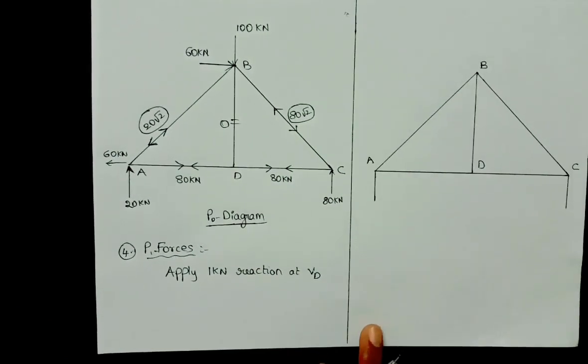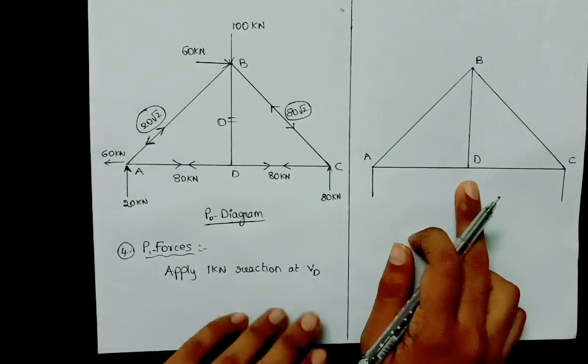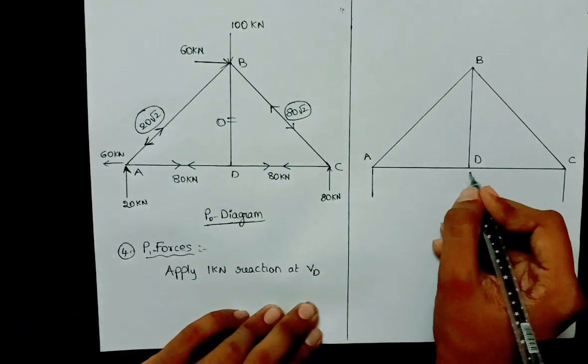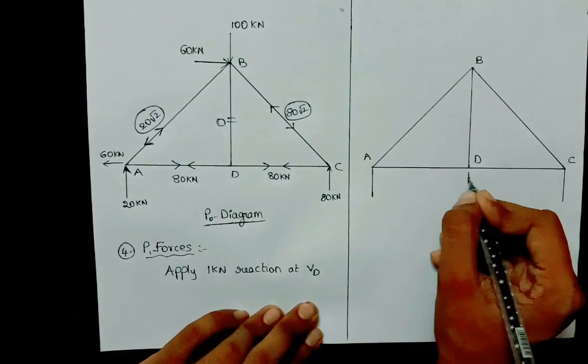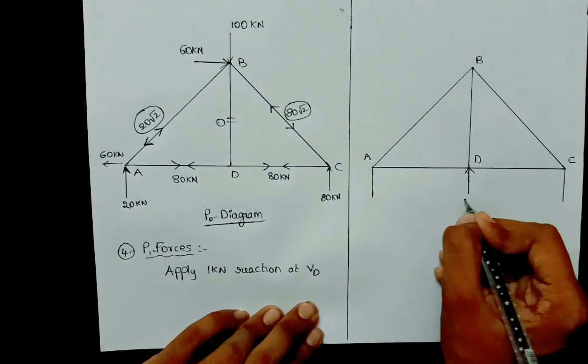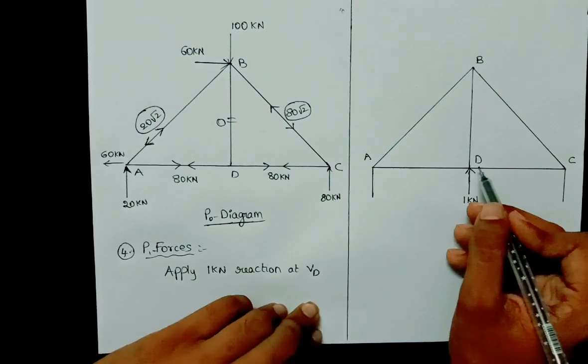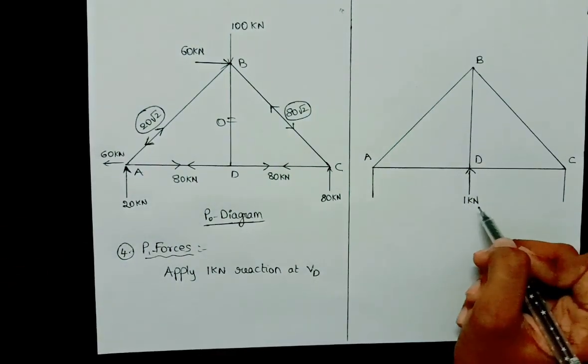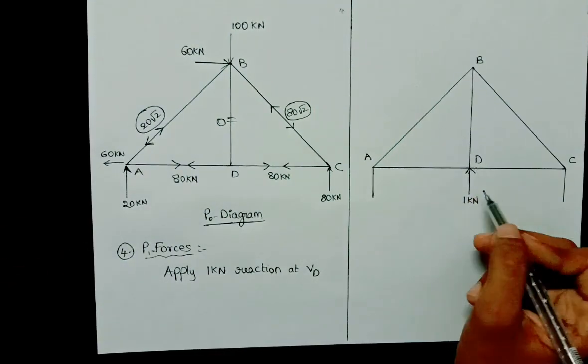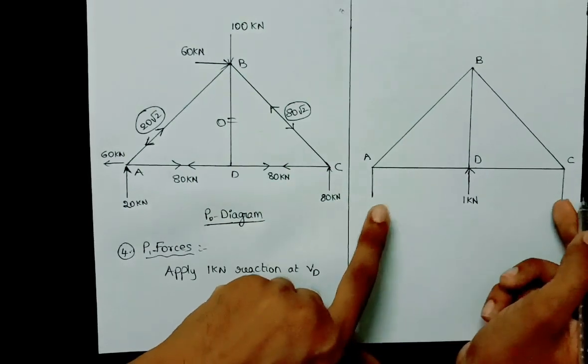So this is the diagram I have drawn, and now I will apply 1 kilonewton reaction at D. Since I have taken the reaction at D as redundant, I am applying 1 kilonewton at D, and I will calculate the support reactions.